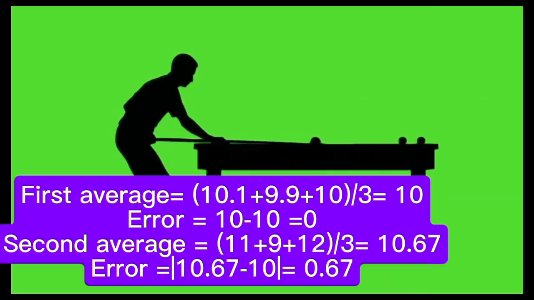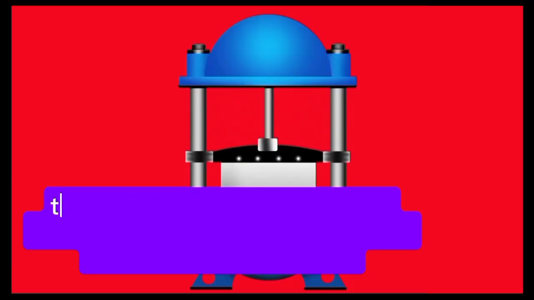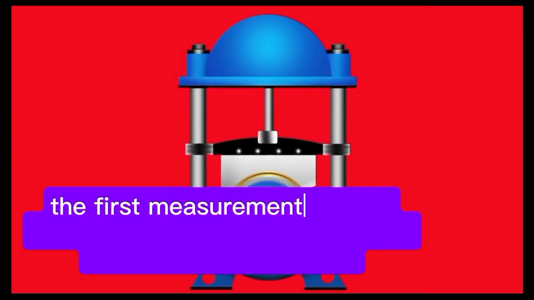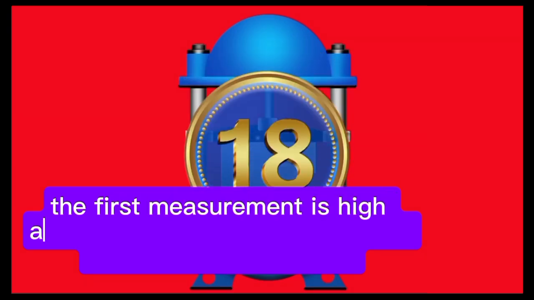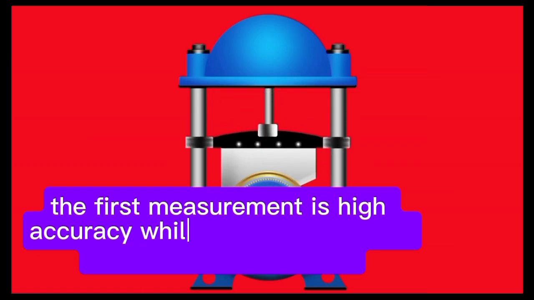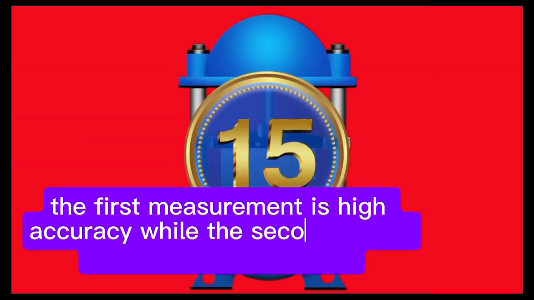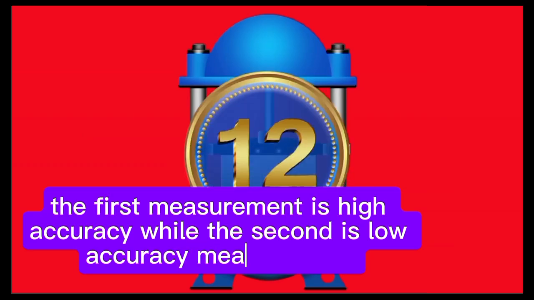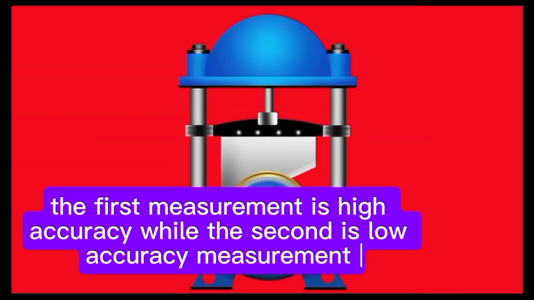We get 0.67. Compare the two. The first error is 0 and the second error is 0.67. Lower error means high accuracy. The first measurement is highly accurate, while the second one has a higher error, so it is less accurate.